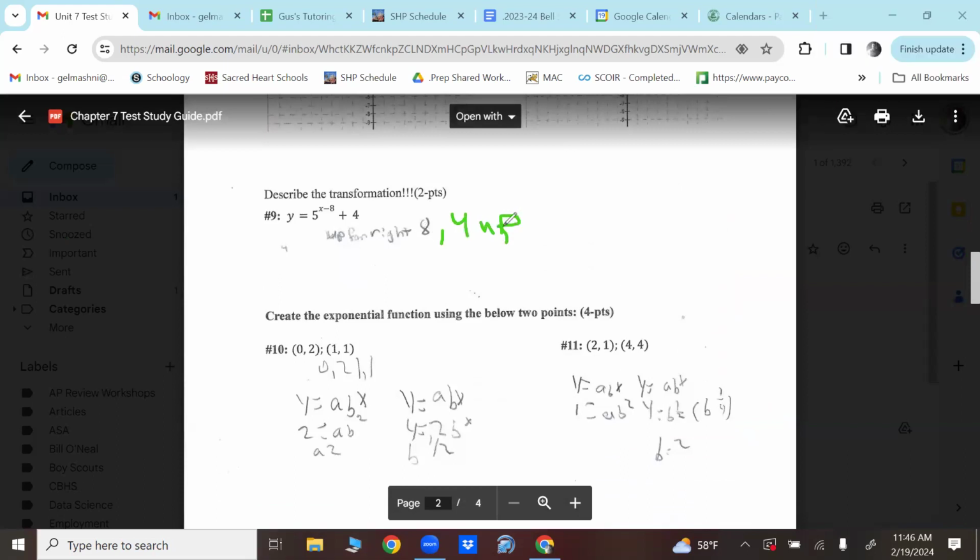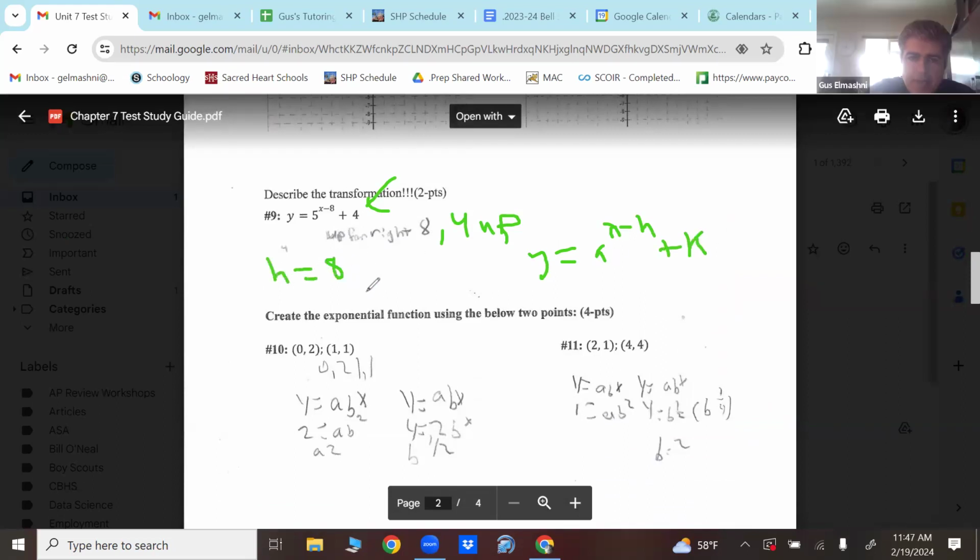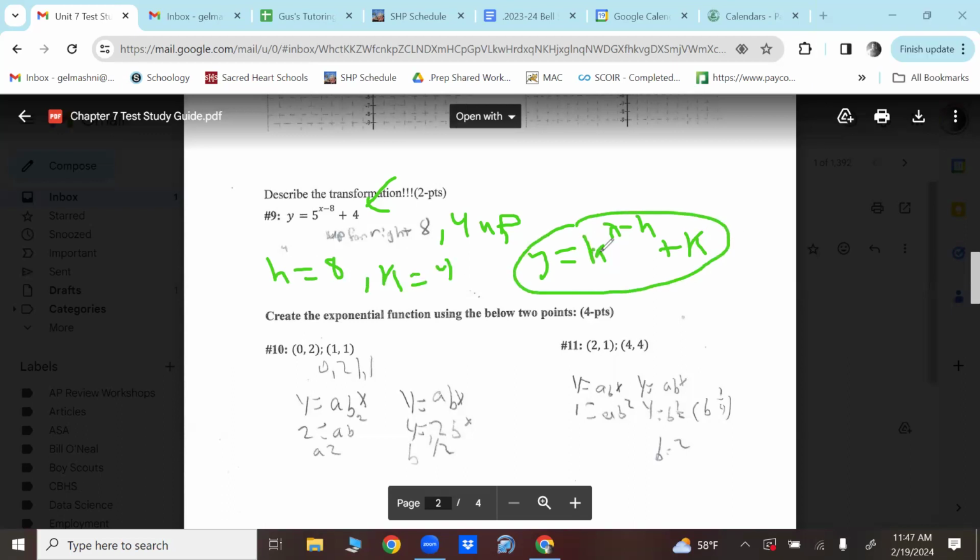We think of it like this: y equals b to the x minus h plus k, where h is 8 and k is 4, and that's all. Actually, I should do a b, not a. That's the right way of doing it.